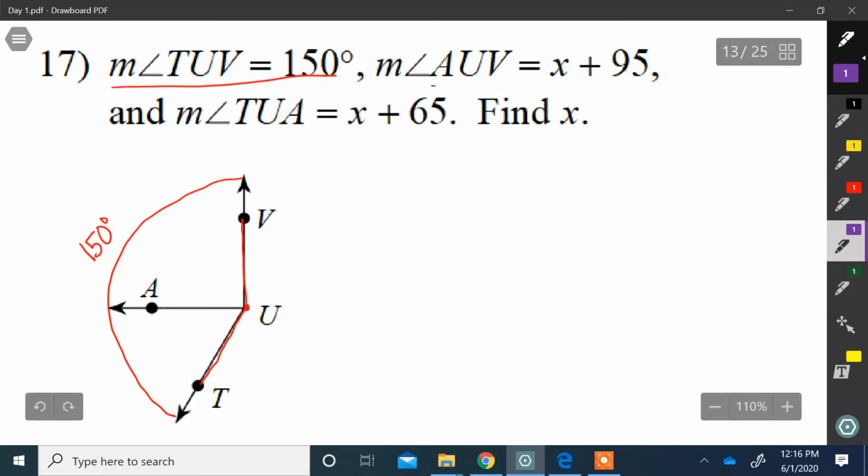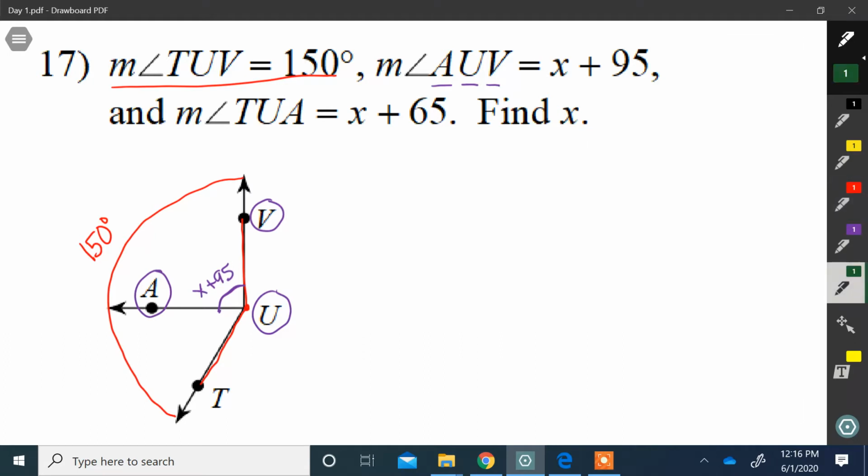We have angle AUB, so this angle right here, that's x plus 95. How about the other angle?